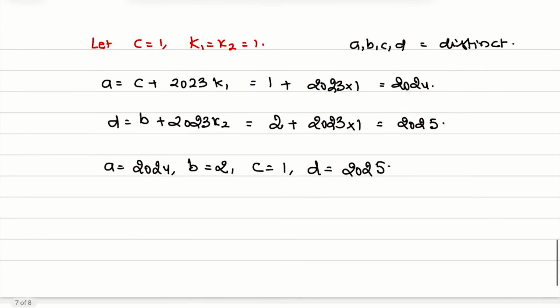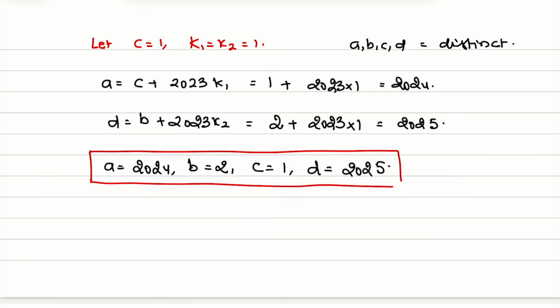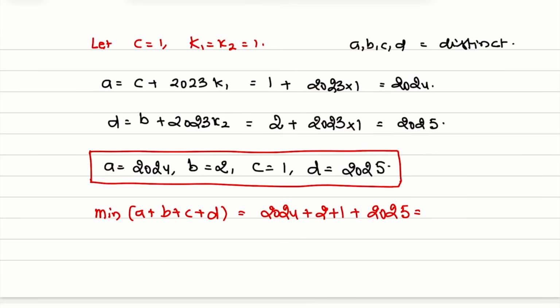These are the minimum values we have got from the conditions with the logic applied. Then the minimum a plus b plus c plus d will be 2024 plus 2 plus 1 plus 2025, that is equal to 4049 plus 3, 4052.